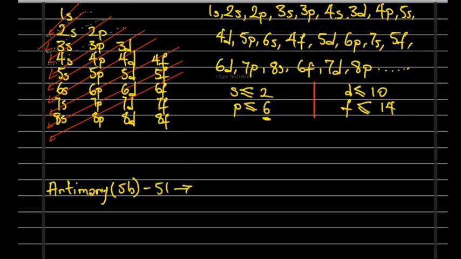Let's check its electronic configuration. 1s2, 2s2, 2p6, 3s2, 3p6, 4s2, 3d10, 4p6. Okay, let's count first.